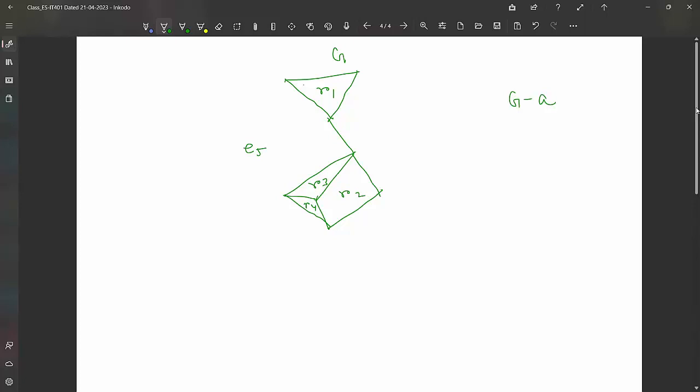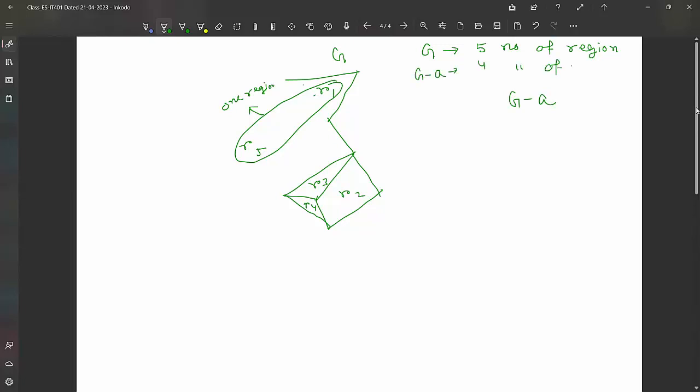Now whenever you omit one edge from here, this A, in the graph G there are 5 regions, but whenever you omit that A, these two regions will combine to form one region, and the graph G minus A has 4 regions.